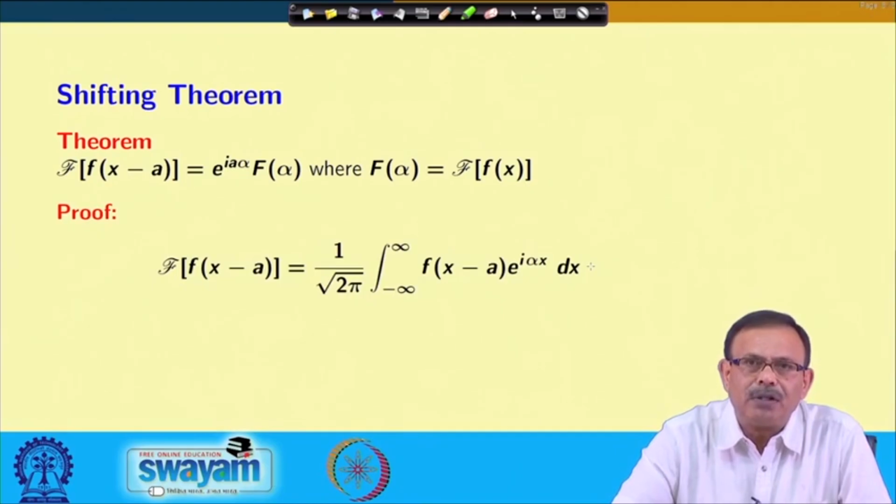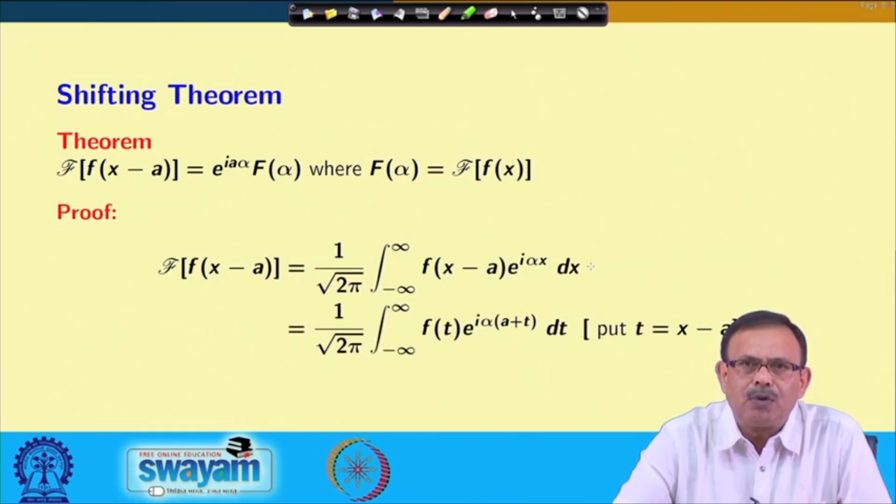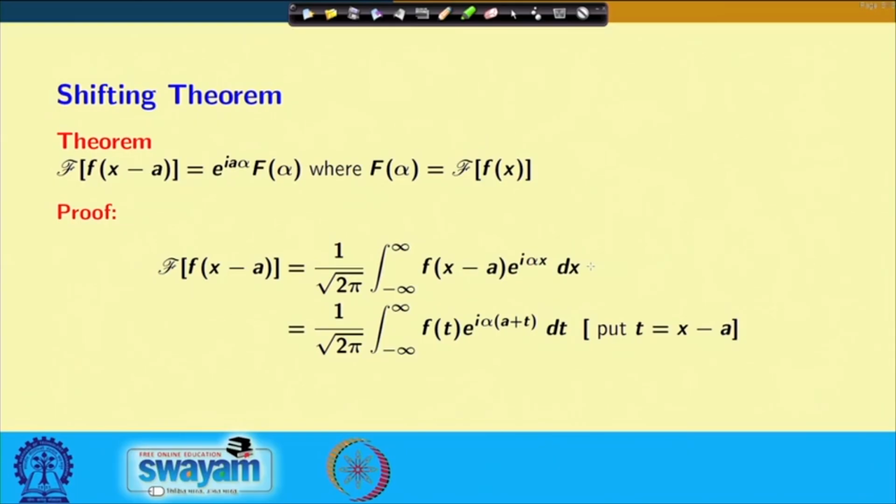From the definition of Fourier transform, we write Fourier transform of f of x minus a equals 1 by root 2 pi, integral from minus infinity to infinity, f of x minus a into e power I alpha x dx. This equals, substituting t equals x minus a, 1 by root 2 pi, integral from minus infinity to infinity, f t into e power I alpha into a plus t dt. E power I alpha a is a constant term independent of t, so you can bring it outside the definite integral.